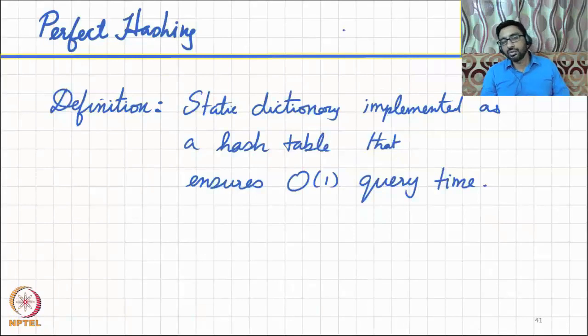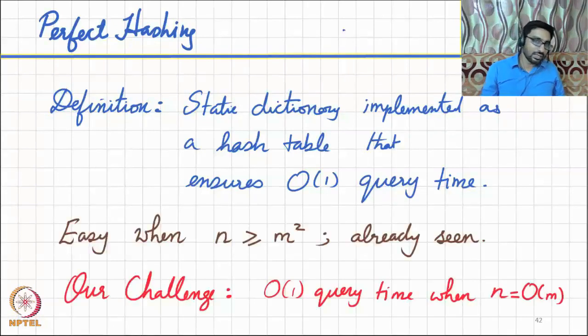So all of this discussion motivates what we call perfect hashing. We want to store a static dictionary, and we want to have that implemented as a hash table. And the key requirement is that our query time in the worst case must be O of 1. And as we have just seen, if we are allowed to use a much larger table, of length at least 2m squared, then this problem is already solved.